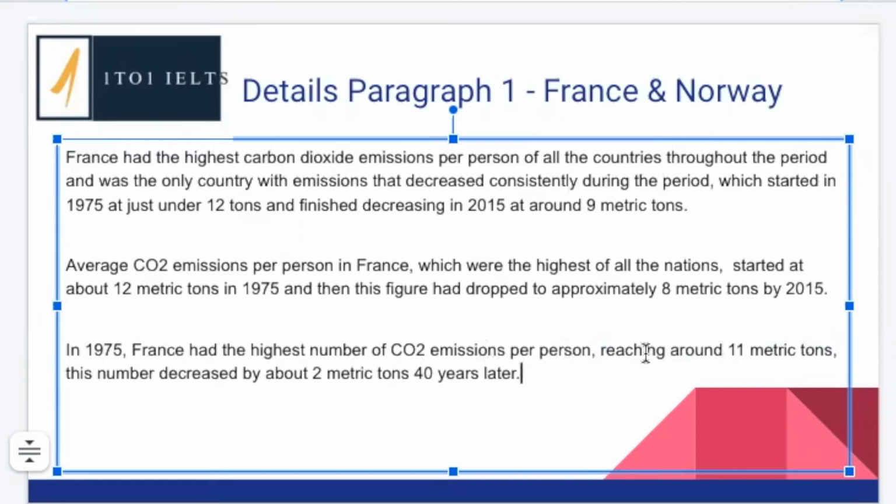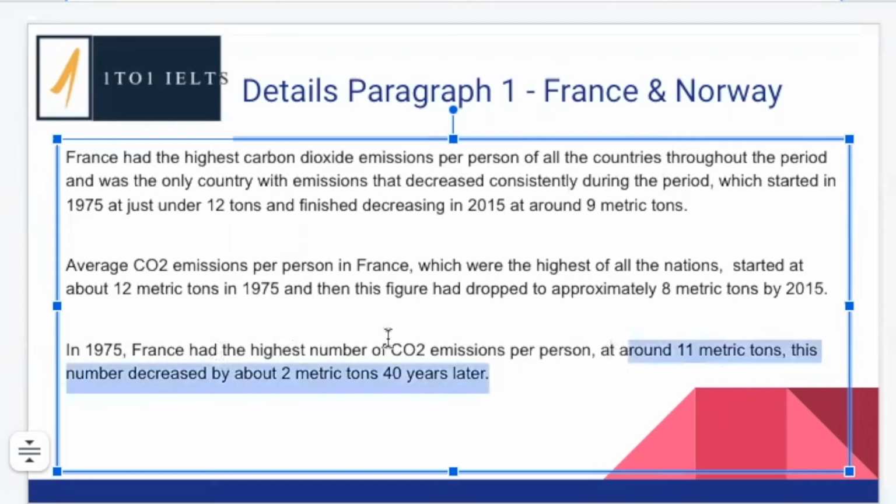So reaching is indicating to me it's come from something to going somewhere else. I think here it would just be better. So if we knew the data beforehand, that reaching would be a bit more appropriate, but because we don't know any data before 1975, I would just use this preposition. So in 1975, France had the highest number of CO2 emissions per person, around 11 metric tons.